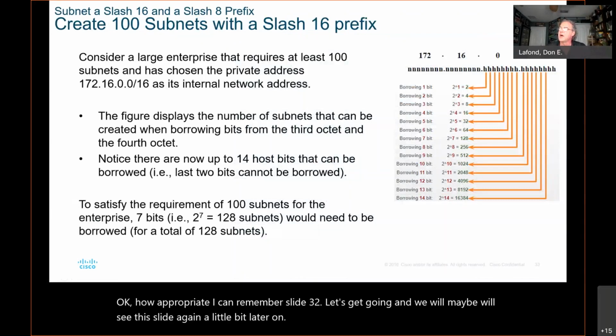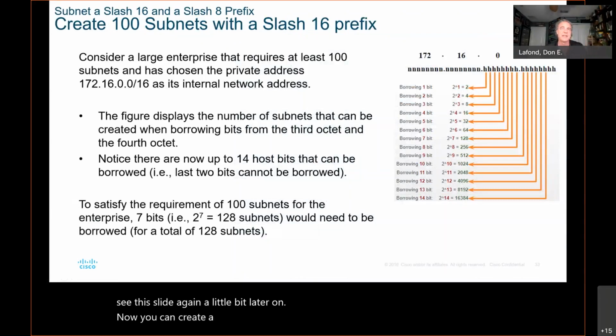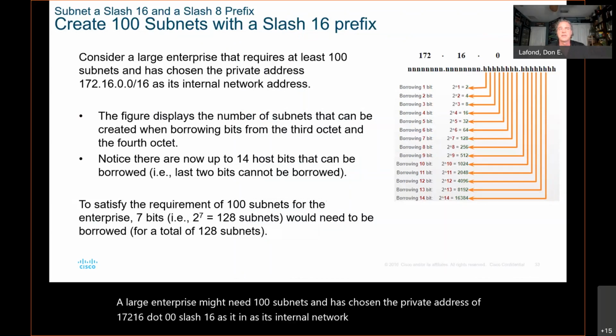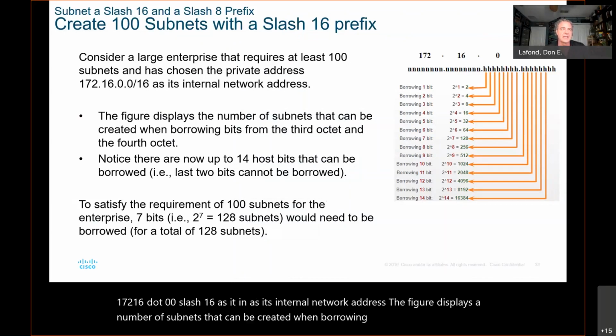Now, you can create 100 subnets with a /16. That's why you may use a /16. A large enterprise might need 100 subnets and has chosen the private address of 172.16.0.0/16 as its internal network address. The figure displays the number of subnets that can be created when borrowing bits from that 3rd octet.